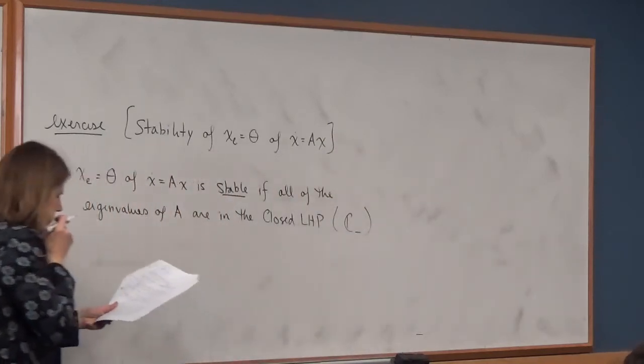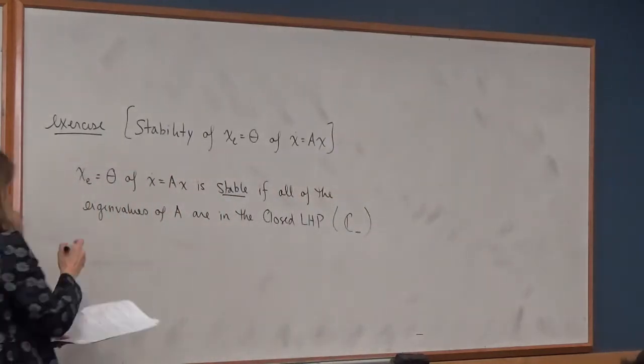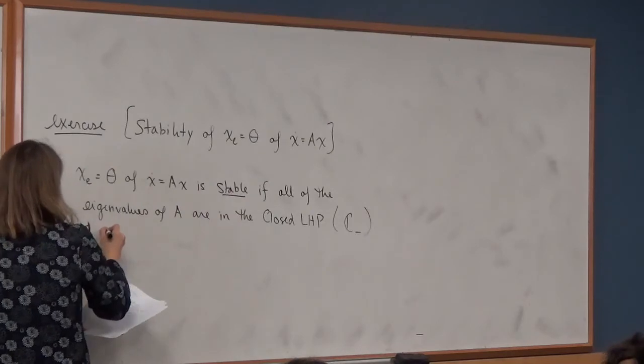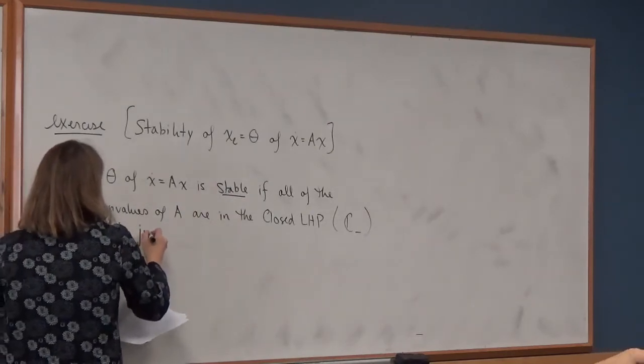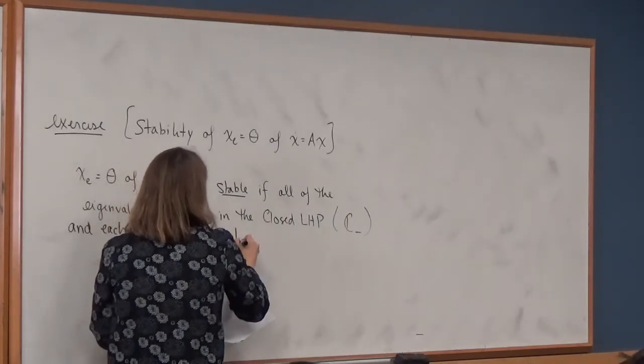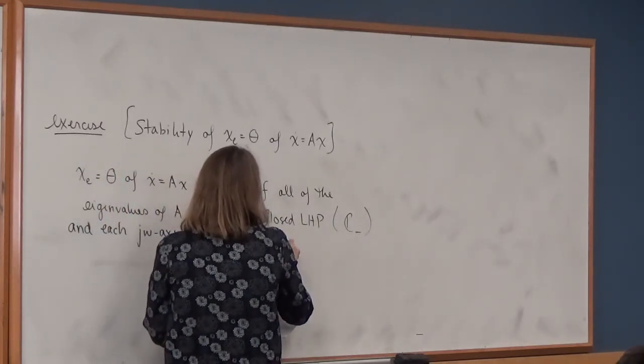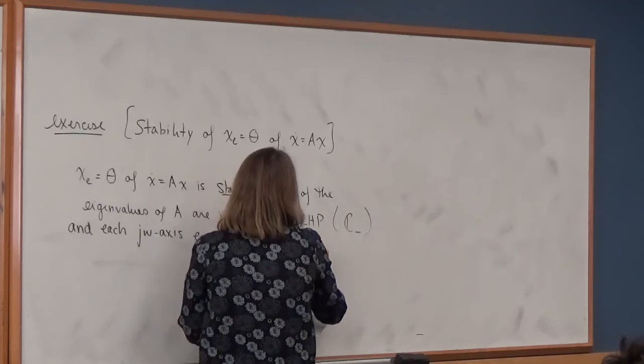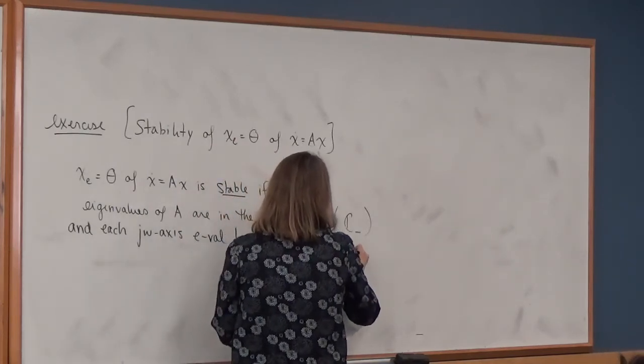So that means you can include the j omega axis, but each j omega axis eigenvalue has a Jordan block of size 1.